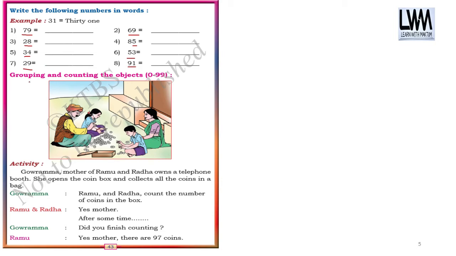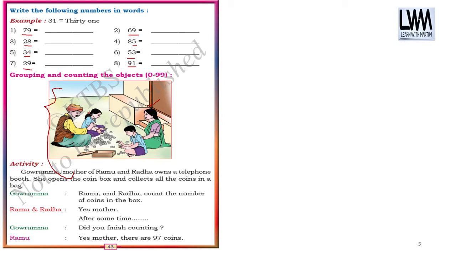Okay, now the next thing which comes is grouping and counting the objects. So they have given you one small story. With that they are trying to explain this. So what happens here is there are two kids. They are counting the coins individually. Then they get some count.